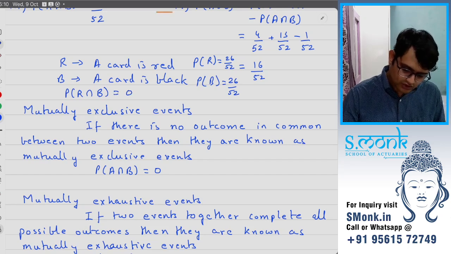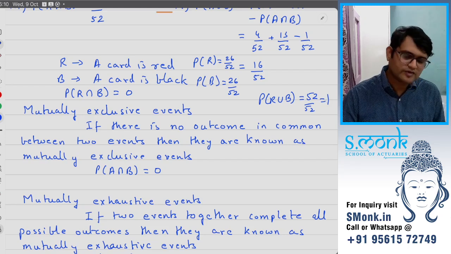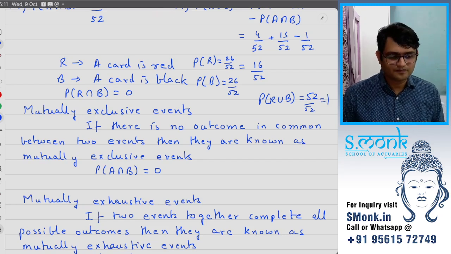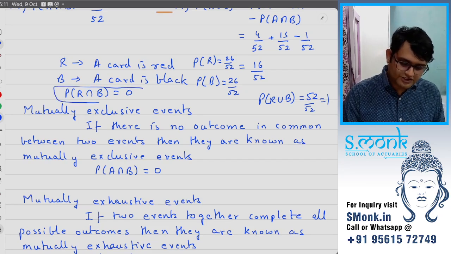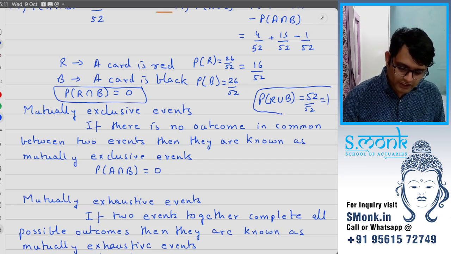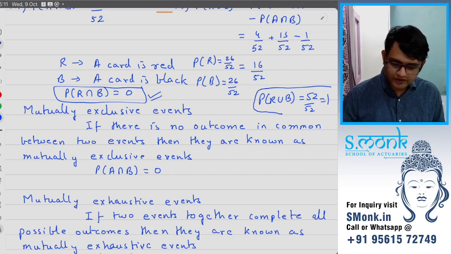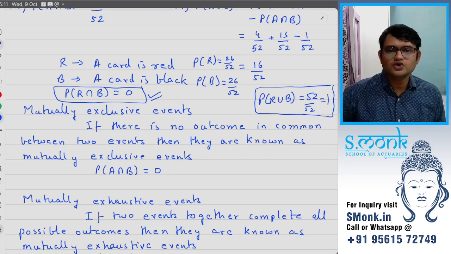So you will have probability of A union B, or sorry, R union B is 26 by 52 plus 26 by 52 plus 0, so that is basically 52 by 52 and the probability would be 1. So they are mutually exclusive because there is nothing in common between them, and they are mutually exhaustive because together they make up the whole universal set.